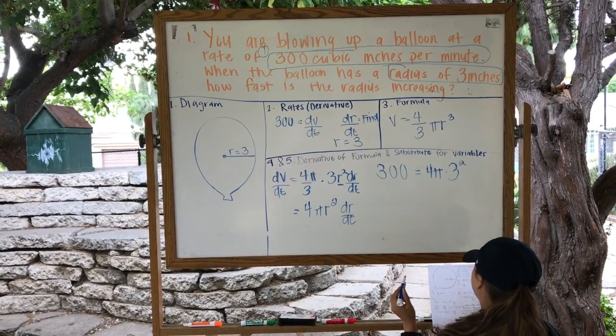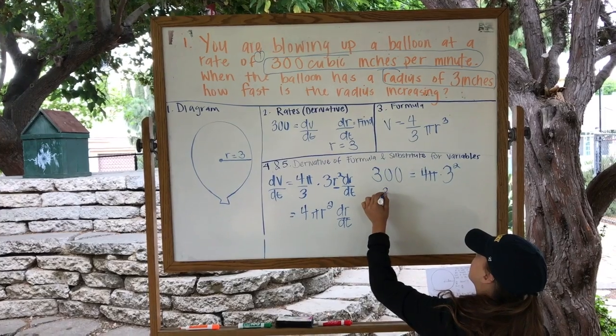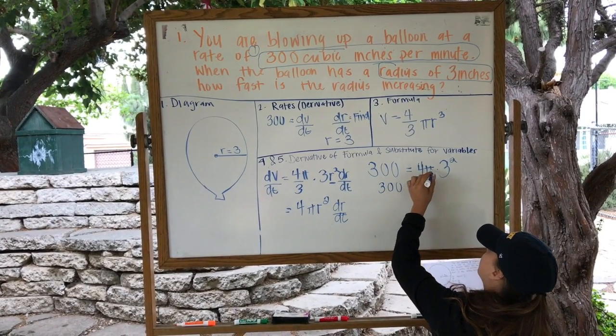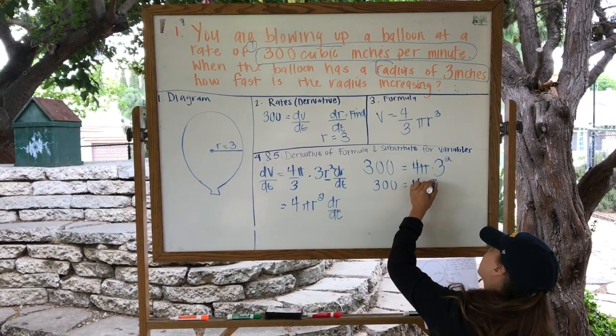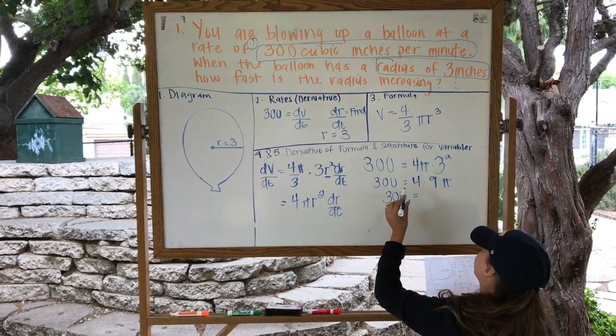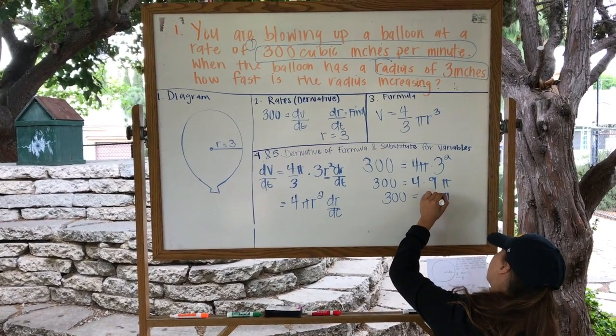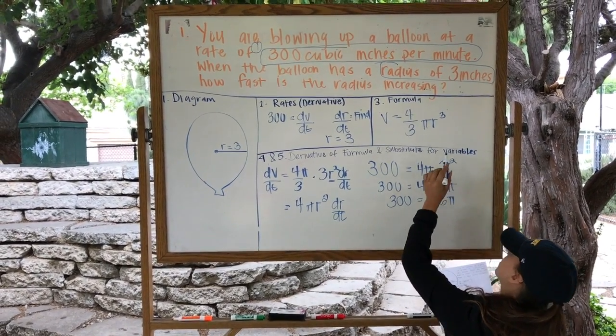So then we just simply solve for it. And then you end up getting 300 equals 4 times 3 squared, which is basically 4 times 9 pi. So 300 equals 36 pi, and this is all still times dr/dt.